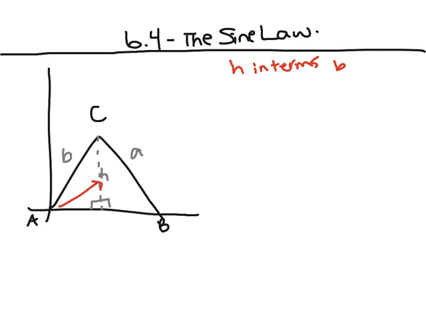So we have an O and an H, so we're going to use sine. So sine of A equals h over b. We want h to be by itself, so we're going to multiply both sides by b. So b sine of A is equal to h.